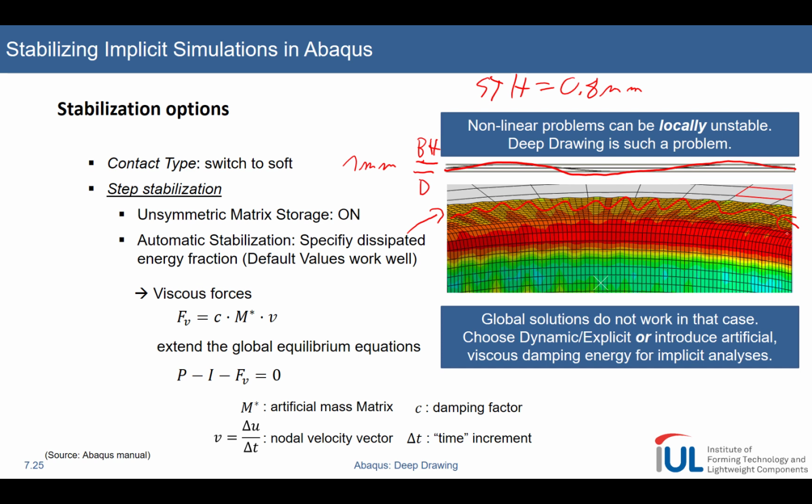So that when there is a buckling problem, there can be a point in time where there is almost a jump in the velocity vector. And if this is the case, then your damping factor will take care of these jump velocities, because a non-zero damping factor introduces these viscous damping forces, which are then added to your global equilibrium equations.